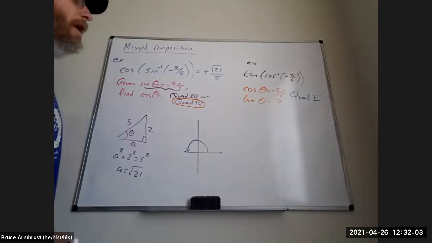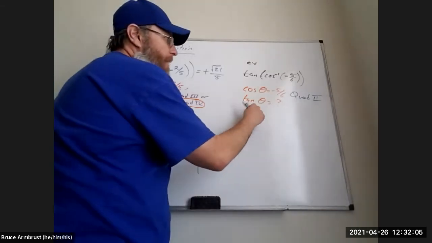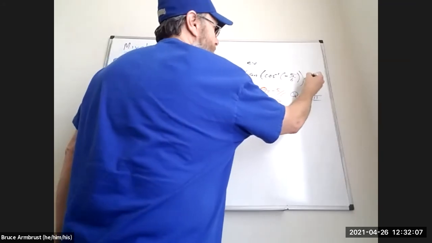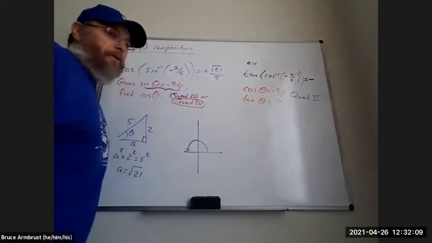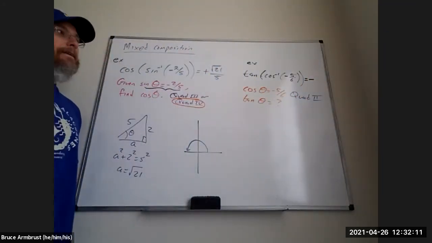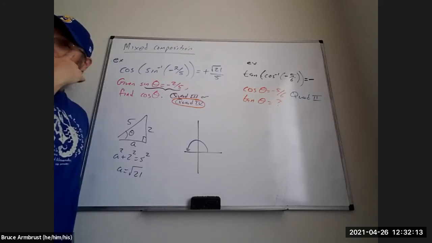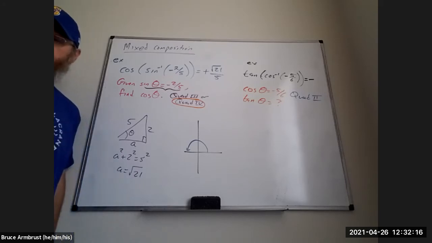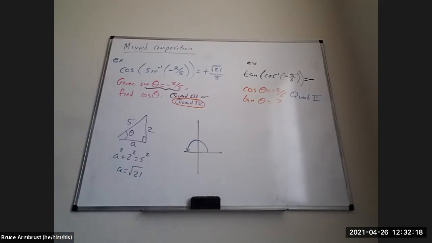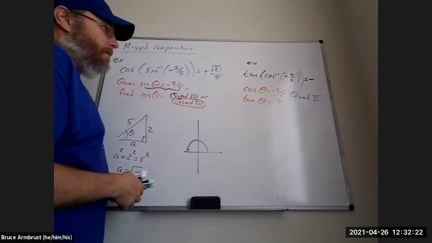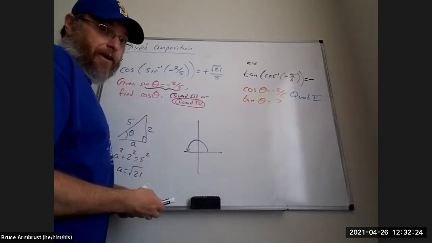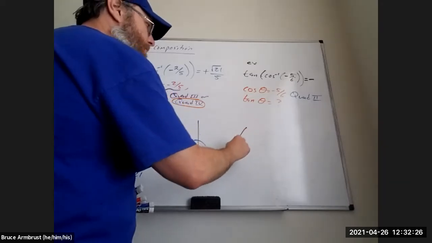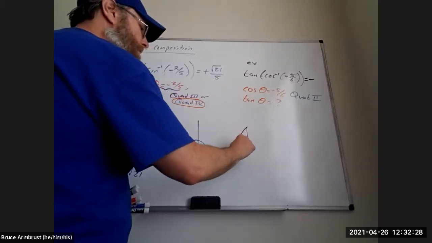Okay, so since we're in quadrant 2, I know that the tangent is going to be negative. So I'm going to go ahead and put a little minus sign there, because I know that this answer is going to end up being a negative number. All right, well, let's figure out what that negative number is. So we'll draw a right triangle.